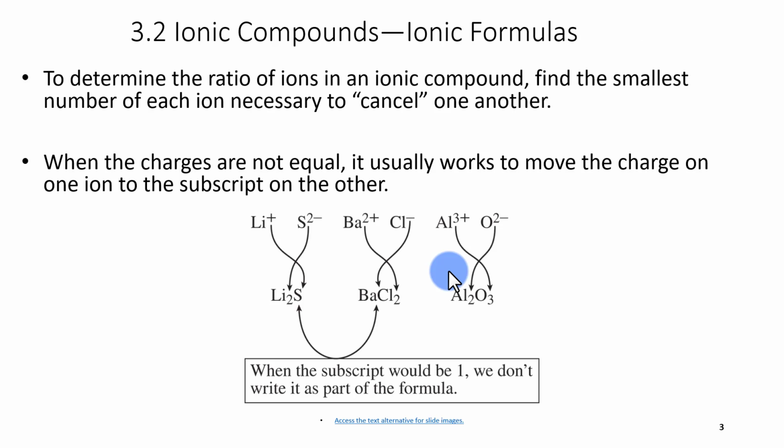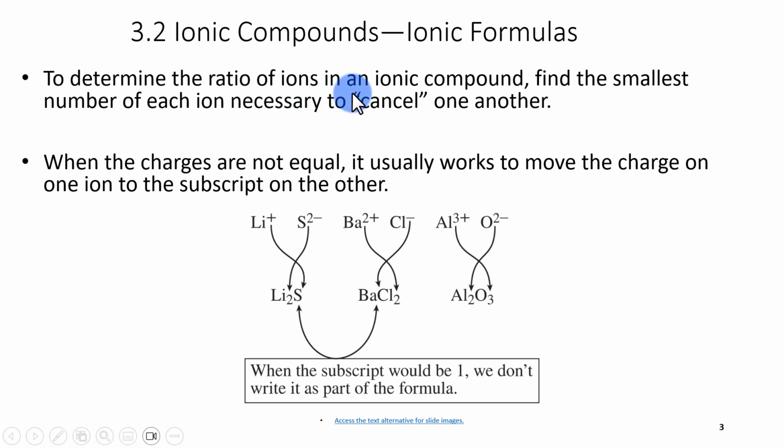But what happens when we combine ions that are not of the same magnitude? Their charges are opposite, but they are not of the same magnitude. Then we have to count more ions of the one that has the lesser magnitude.